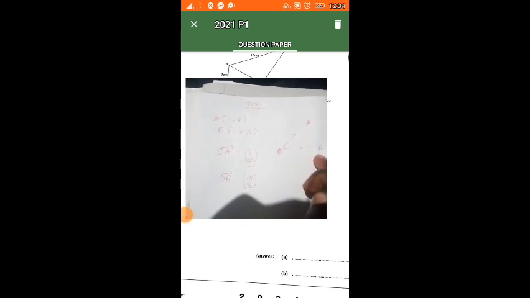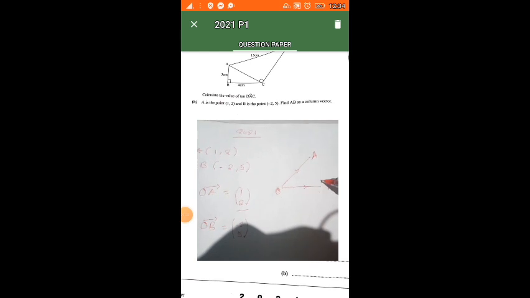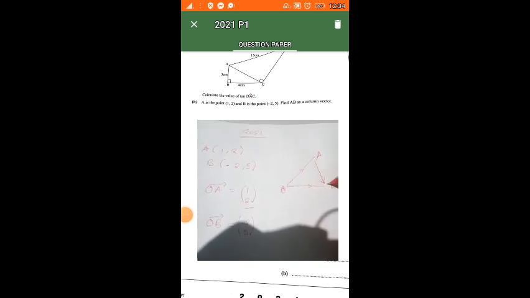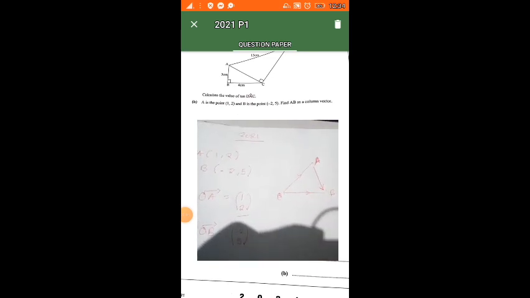The question is saying find the column vector AB. So AB is moving from A going to B. Now we have the column vector for OA and OB, but for AB we don't have.